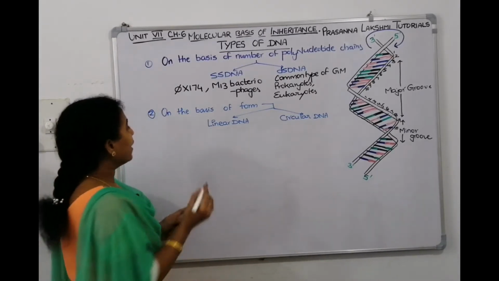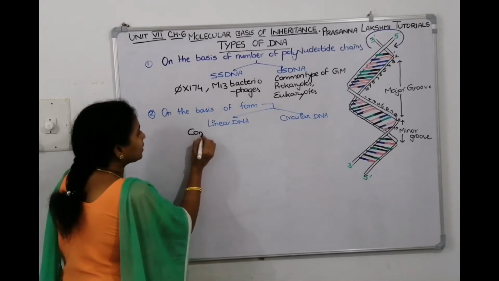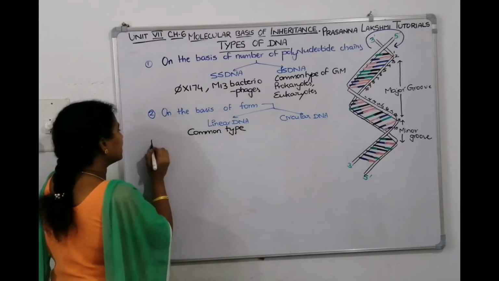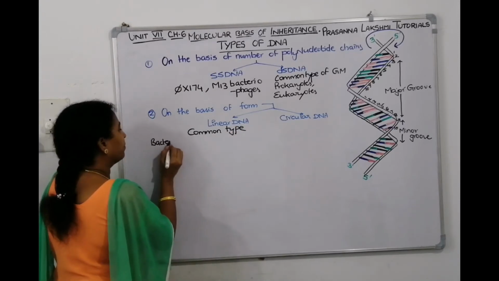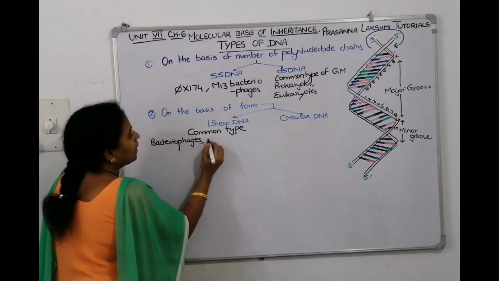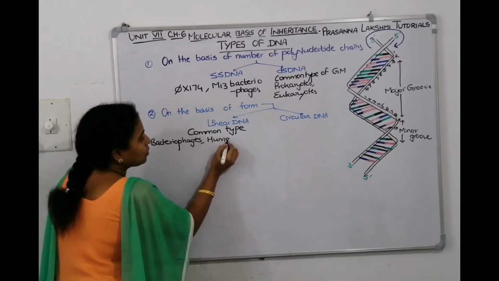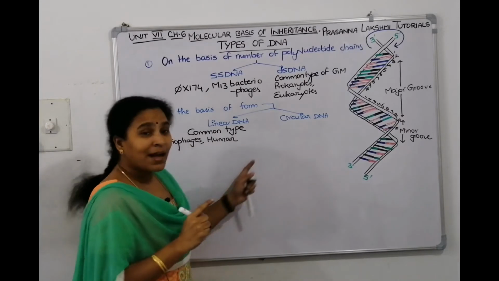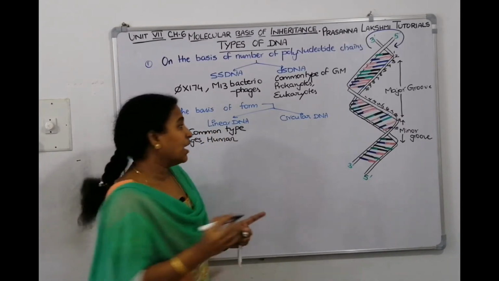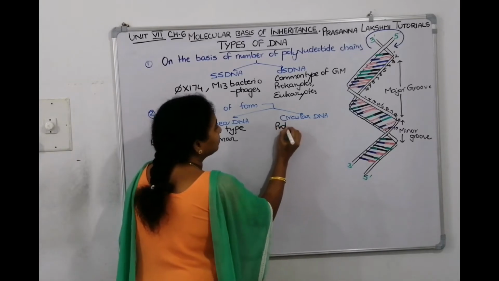So linear DNA, where do we find? Linear DNA, again I am telling, is a common type. Bacteriophages have linear DNA, and humans also have linear DNA. And where do you have circular DNA? Circular DNA is present in prokaryotes like bacteria.